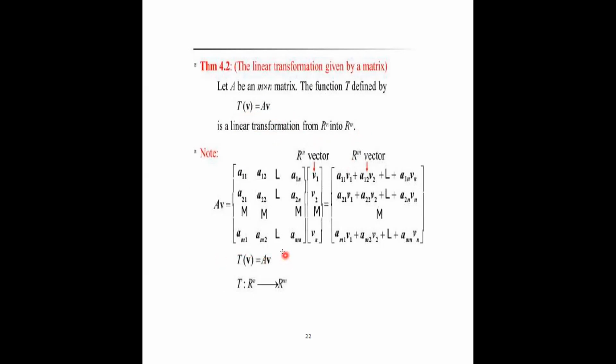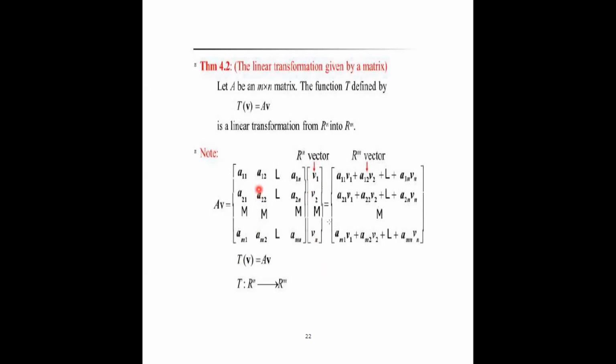Here I have described how it looks. Suppose A times V, where A is a matrix of order m by n with entries a_ij, and V is a column vector of order n by 1.